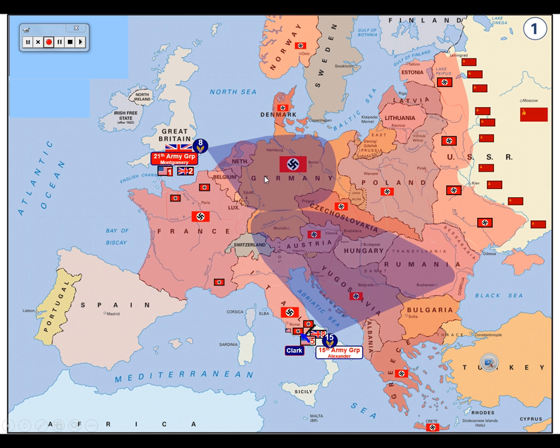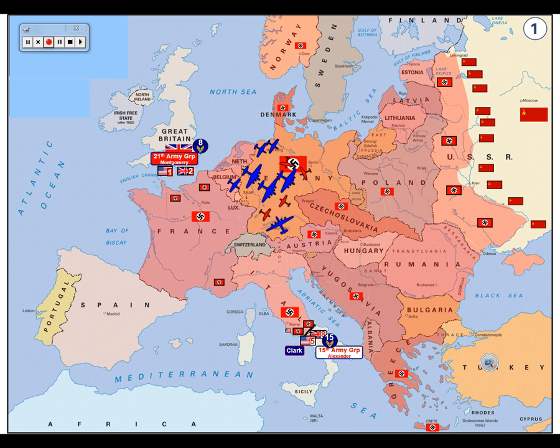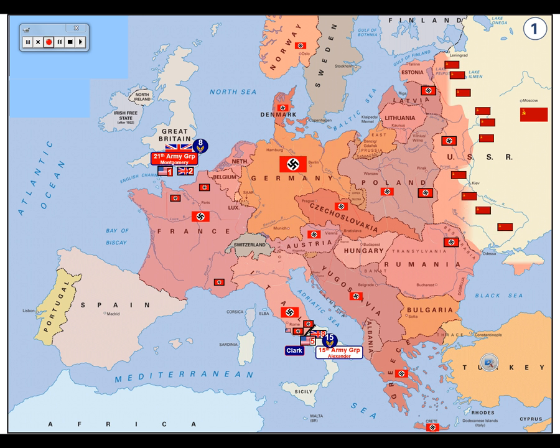So dropping bombs but not directly attacking the heart of Europe, still moving up the boot. Now, more bombings, aerial combat. Red Army making progress.